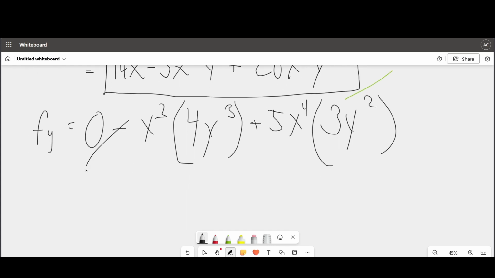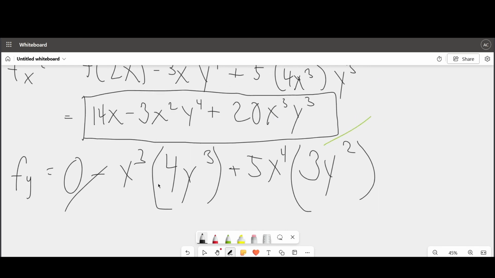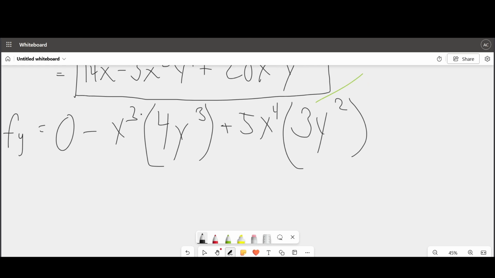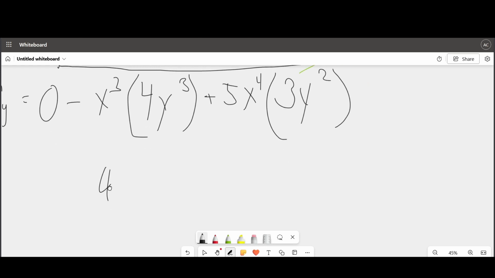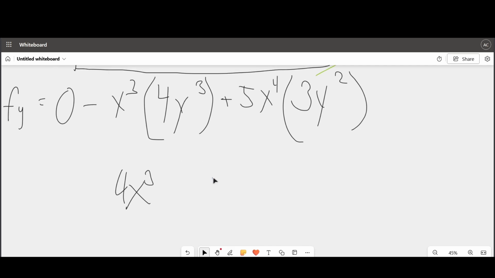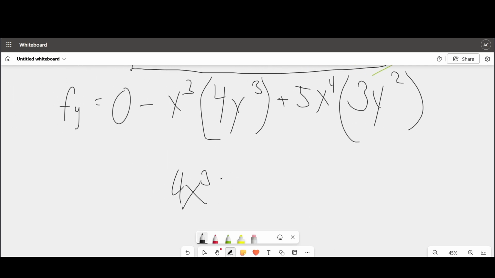So in order to simplify this, we just simply have to distribute the x variables here with the y variables inside of parentheses. So let's start off with that. Okay. So we're just going to negate a 0 over here.